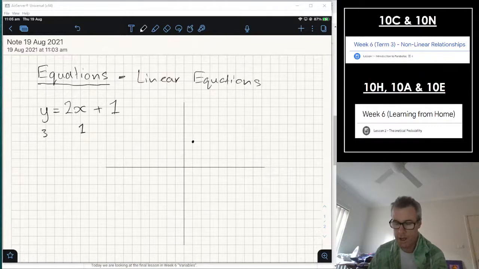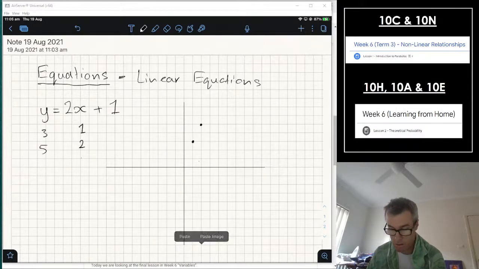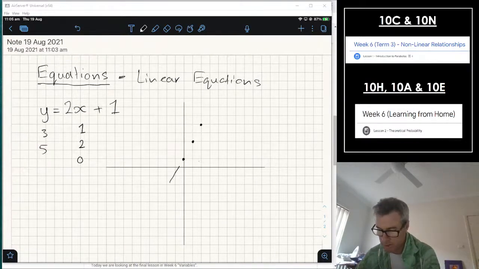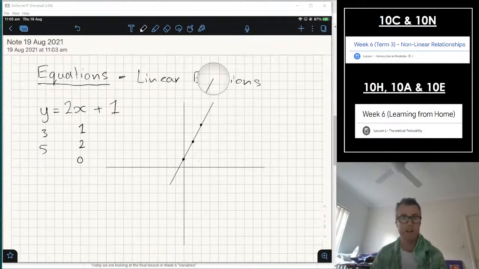When x is 2, then y was going to equal 5. So x is 2, y is 5 there. And we worked back the other way, right? When x was 0, y would equal 1. And you can start to see here on my page that already we formed ourselves a nice little line, okay?